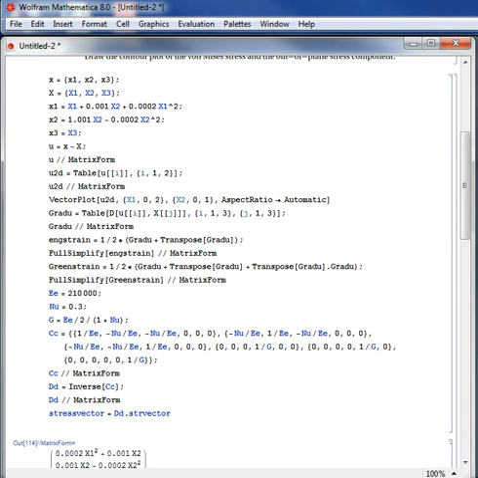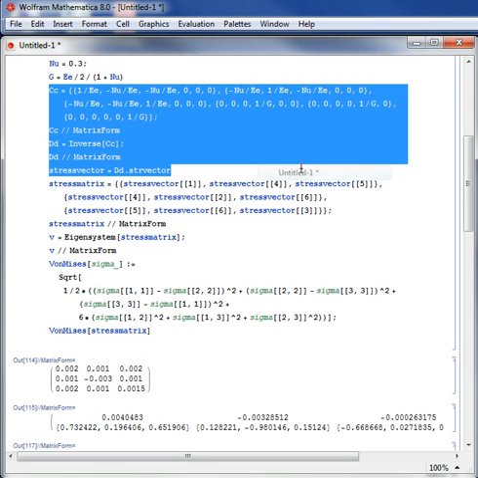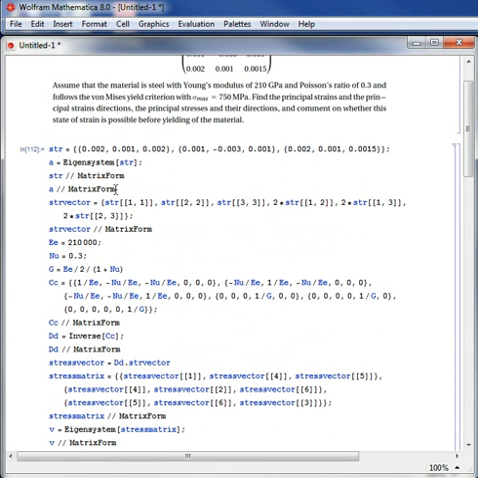The inverse of this matrix relates the stress to the strain. So the stress vector is equal to this matrix DD, which is the inverse of C, multiplied by the strain vector. So first we need to define the strain vector. The strain is given as a matrix. Now the strain vector will be given as a vector representation of the strain, so I need to define it here. Strain vector, again I'm going to copy it from the previous problem.